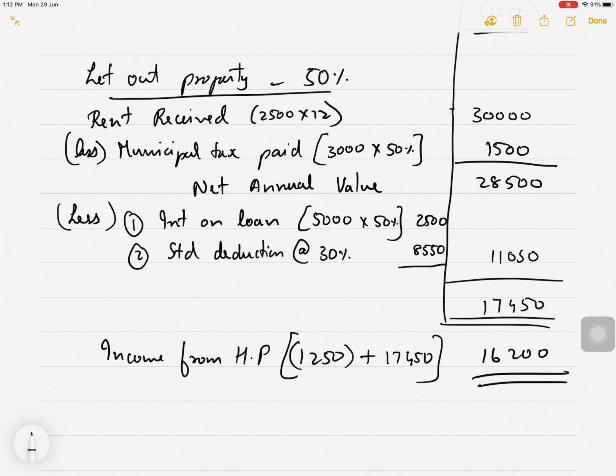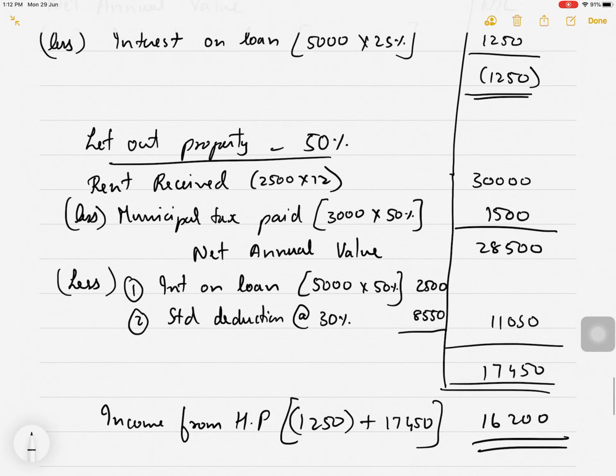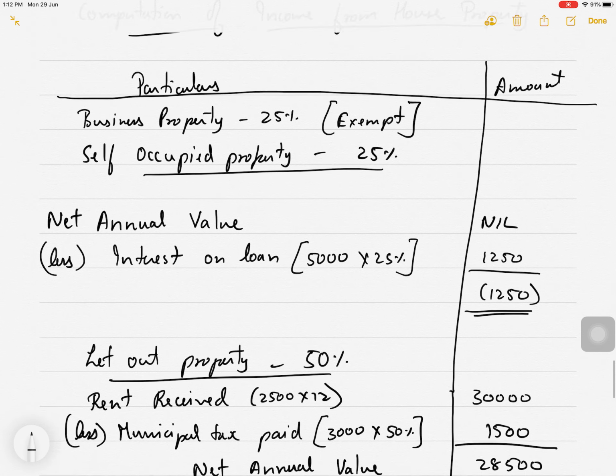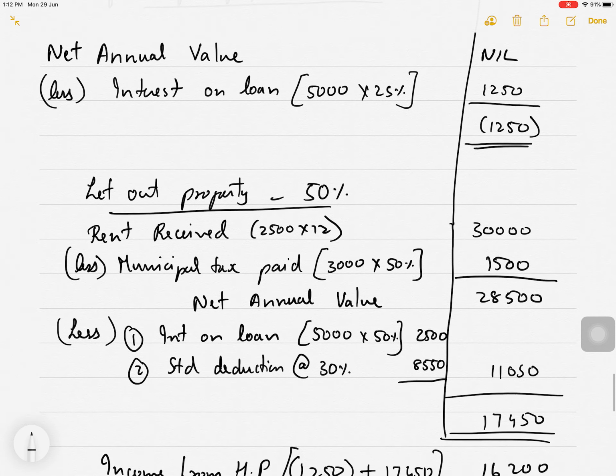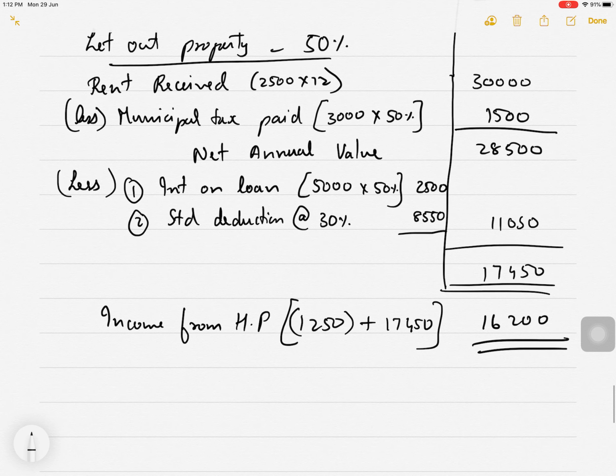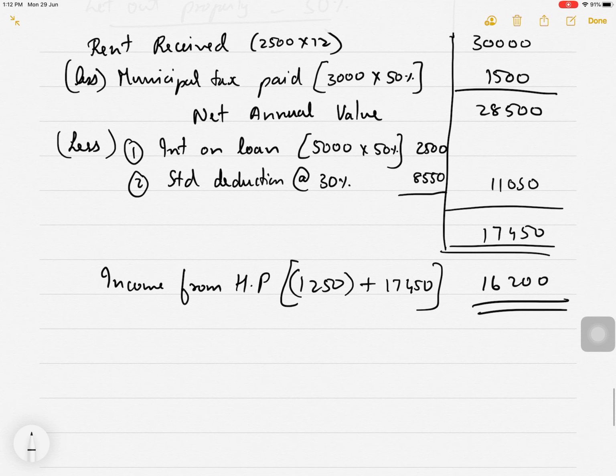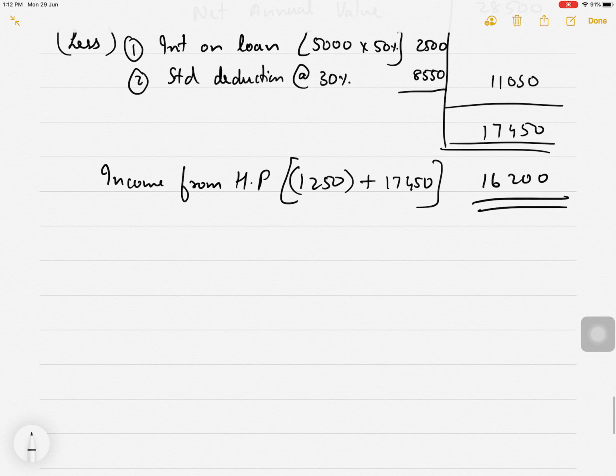Anyway, not a problem. Income from house property 16,200. And income from other sources, there is only one, which is dividend from Indian company. So that is exempt.